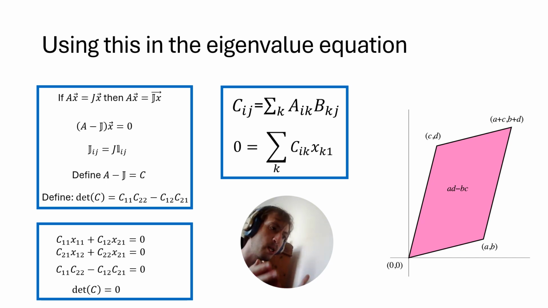When you're solving the eigenvalue equation, it really reduces to finding the determinant of our matrix, so the determinant of C, which as a reminder, C is defined to be our matrix minus the matrix version of A's eigenvalues.